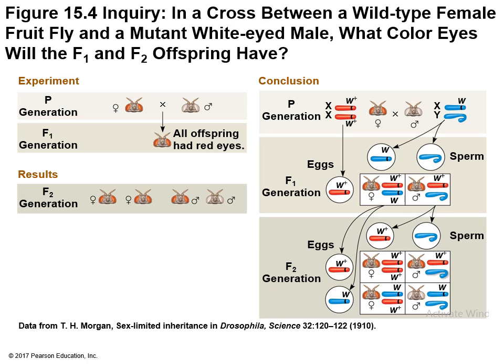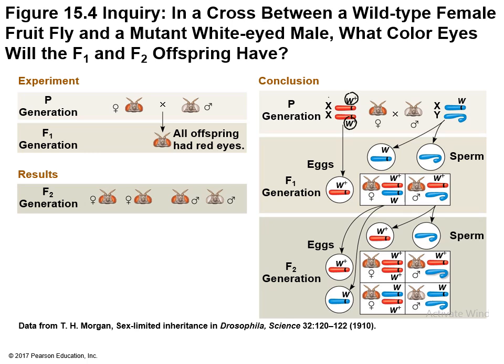So in this slide, we see the experiment set up, which is a cross between the wild-type female and the mutant male. And we can see how the alleles are going to be located on the physical chromosomes.